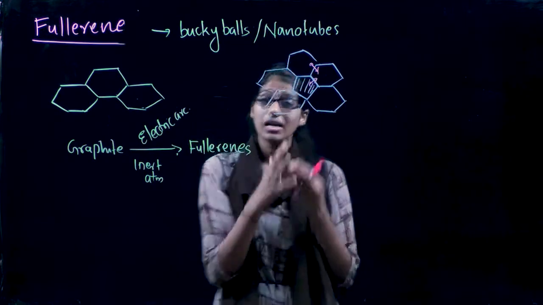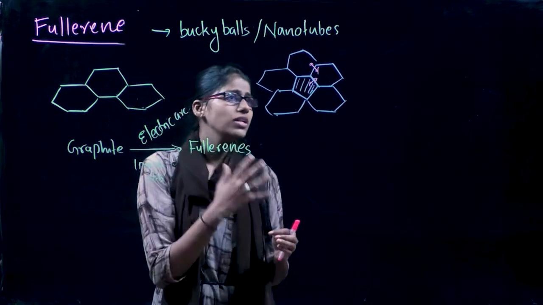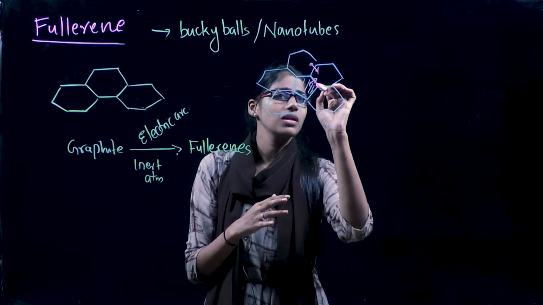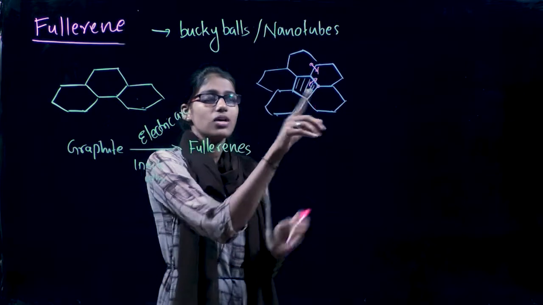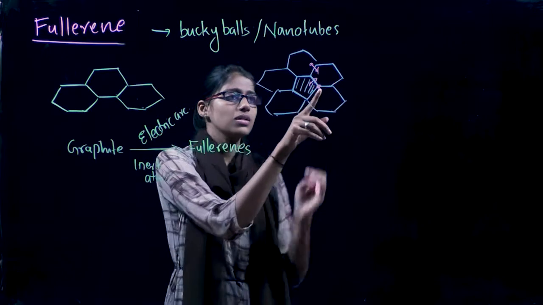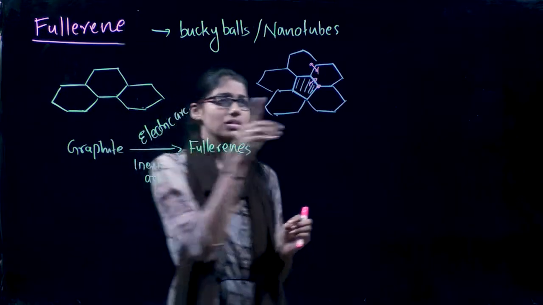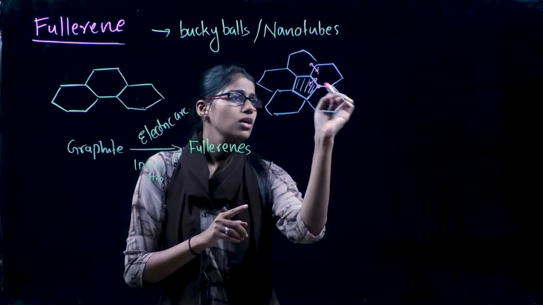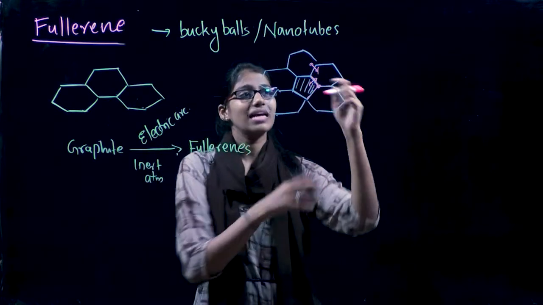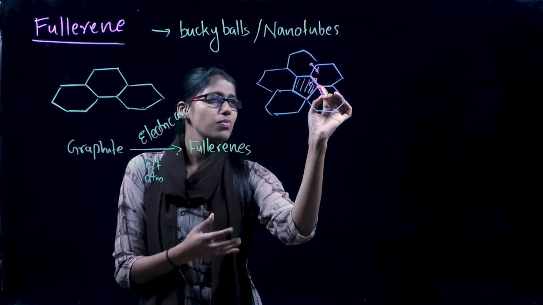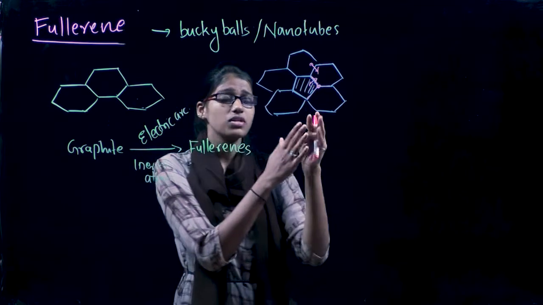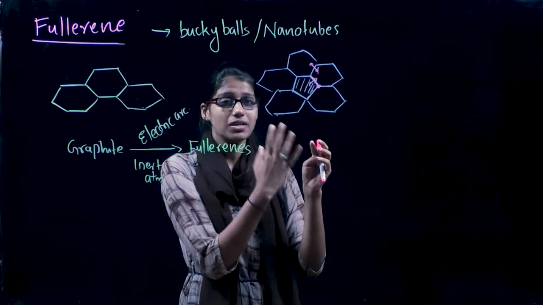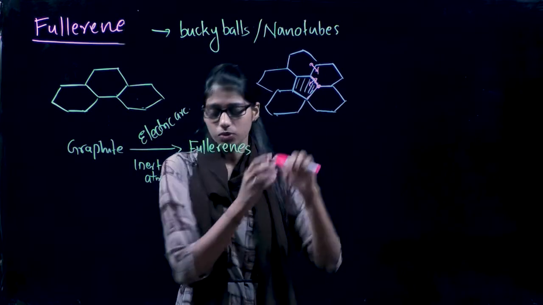Now what about the hybridization here? Again, let us consider one individual carbon. Just like in the case of graphite, the carbon is making 3 covalent bonds. So 3 bonds are formed, which indicates carbon must make available 3 unpaired electrons, then only 3 bond formation is possible.